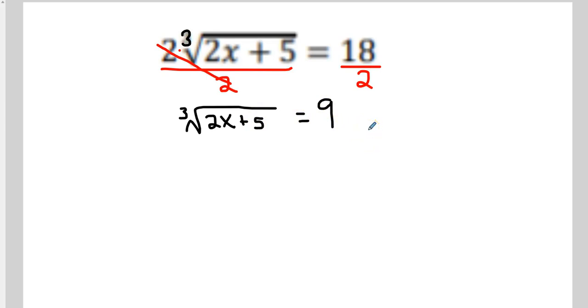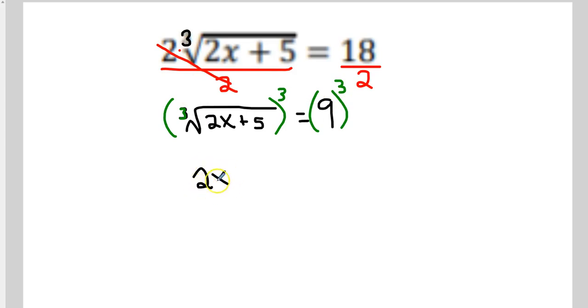Now, when we were getting rid of a square root, we raised it to the second power. We squared both sides. When I'm getting rid of a cubic root, it's going to be a similar idea, but since this is a 3 instead of a 2, I'm going to cube both sides. Okay? So my radical is going to cancel out.